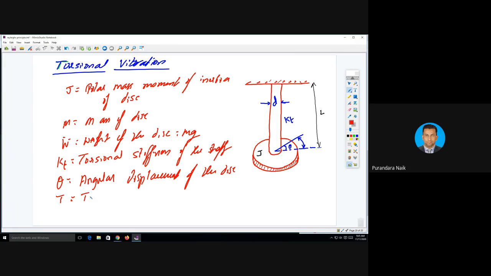T is the torque. Alpha is the angular acceleration, which is d square theta by dt square.